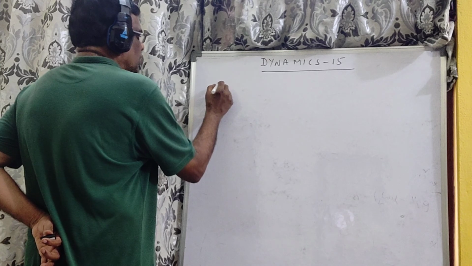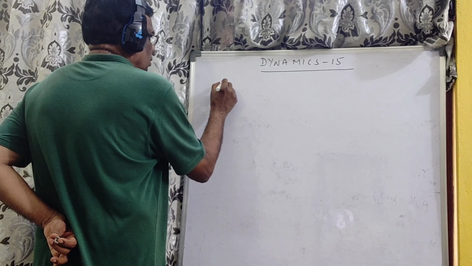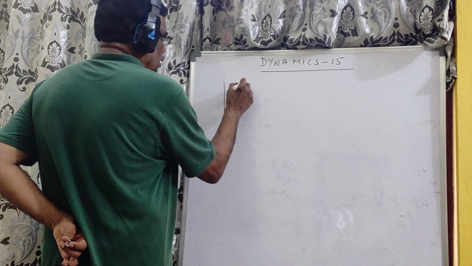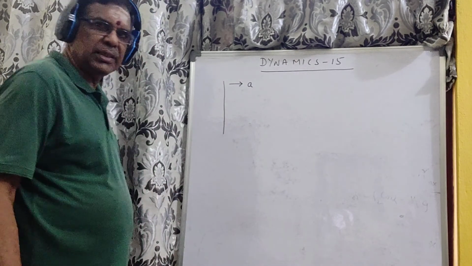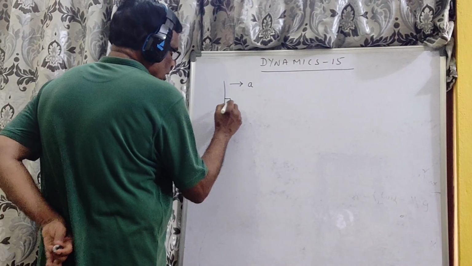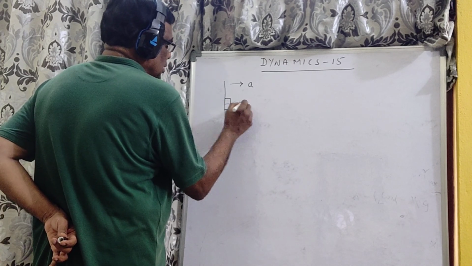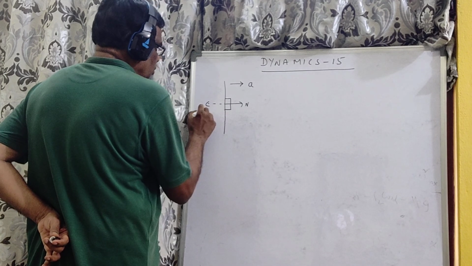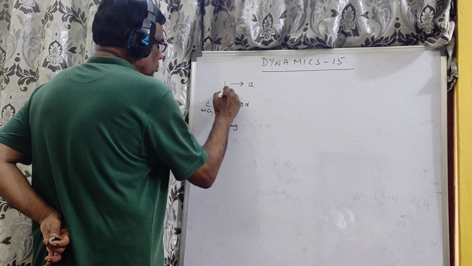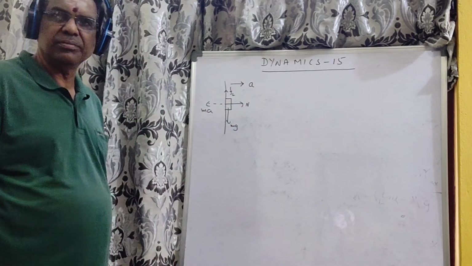I'm not very sure, but first I think let me look at the vertical surface. If this is accelerating with A and I'm placing a body here, of course this is N, the pseudo force is MA, this is mg, and this is FL.